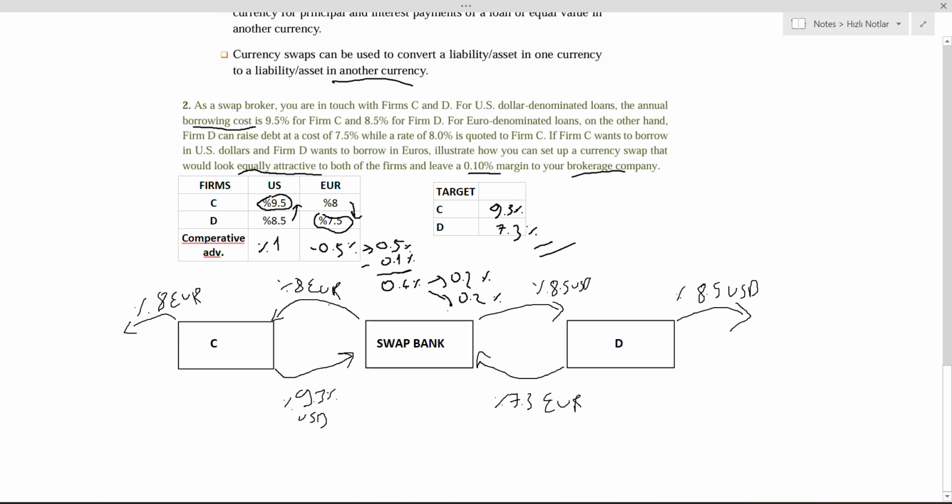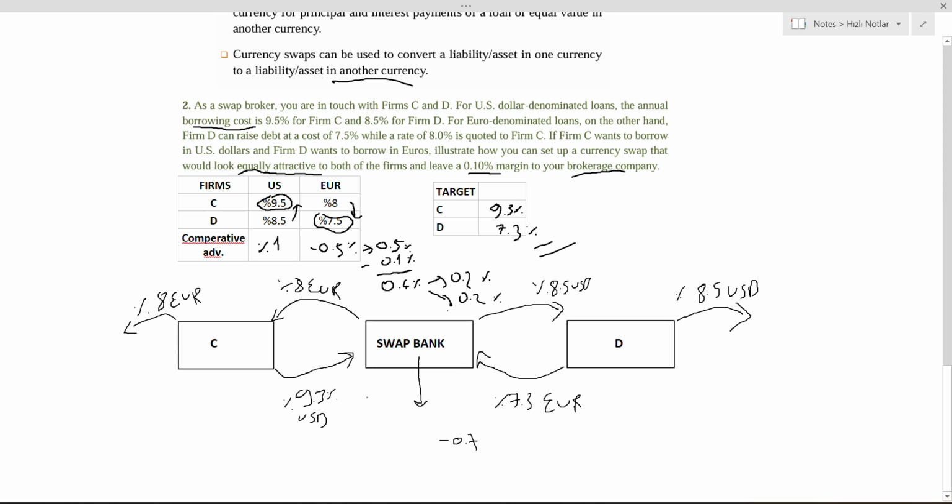Then let's talk about what about us, as a swap bank, as a brokerage company. We have 8% euro and 7.3. From this side we have minus 0.7 under the euro rates, but we took 9.3% USD and give 8.5% USD.